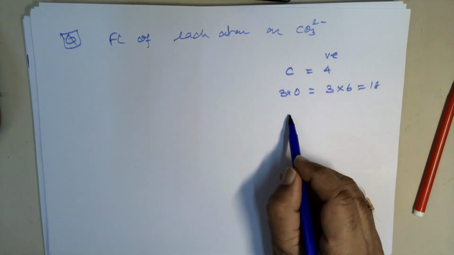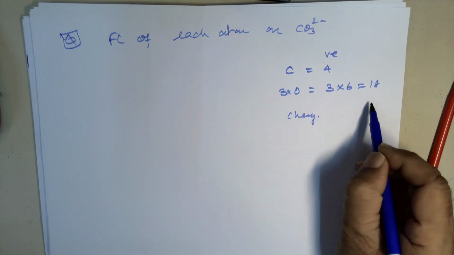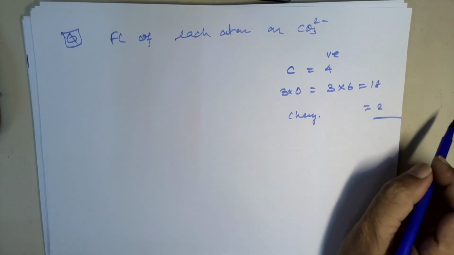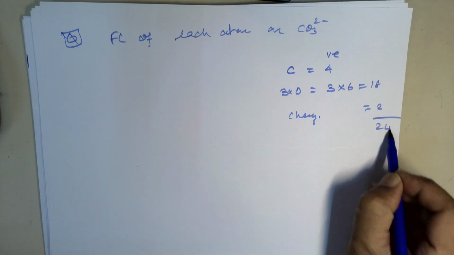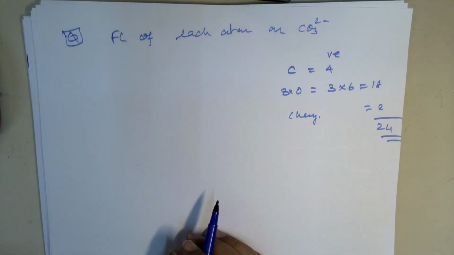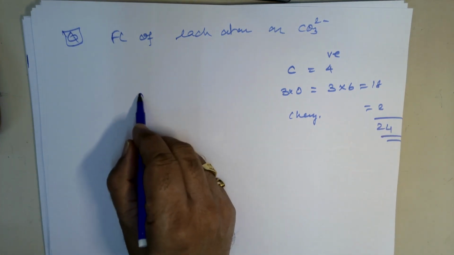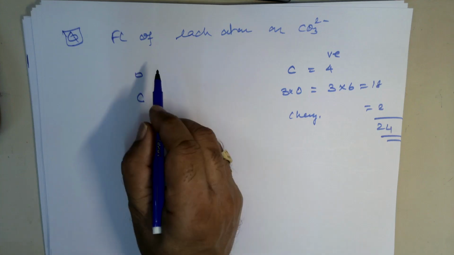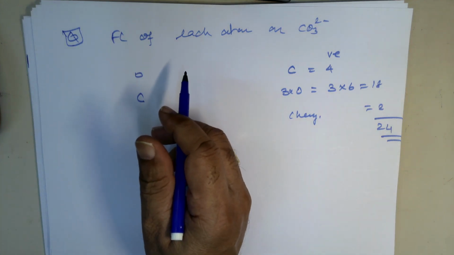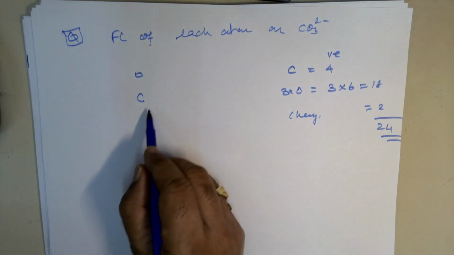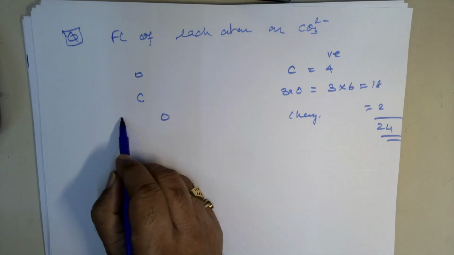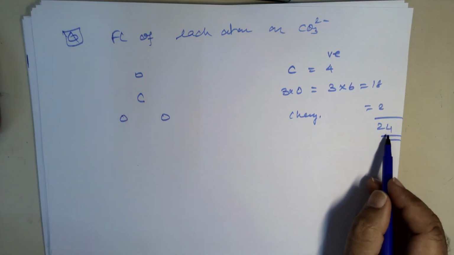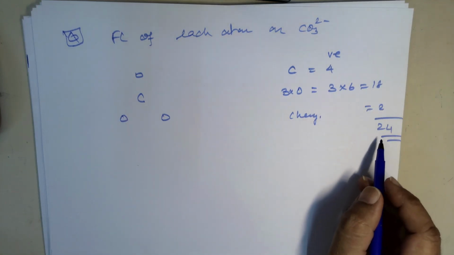And the charge is minus 2, so you have to add 2. Totally 24, so you have to work out 24. Now put carbon at the center with three oxygens. Now listen, you have got 24.